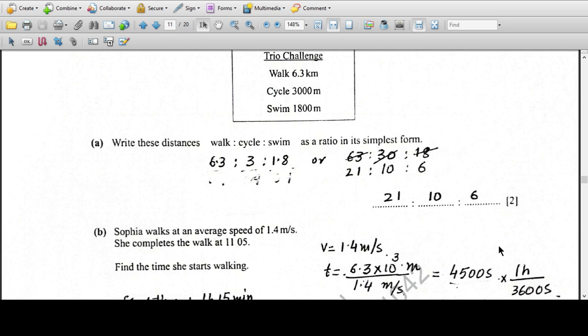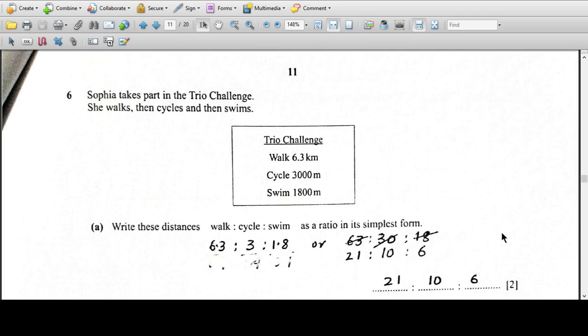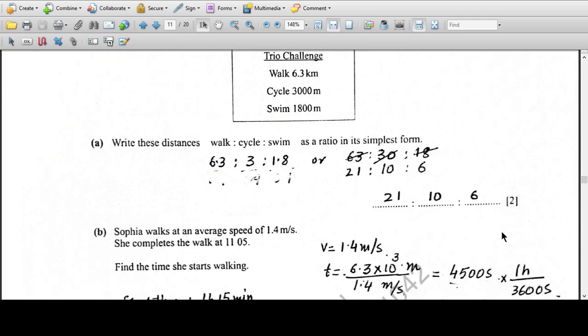Now part B. Sophia walks at an average speed of 1.5 meters per second. She completes the walk at 11:05. Find the time she starts walking.